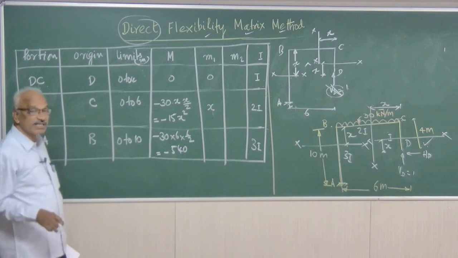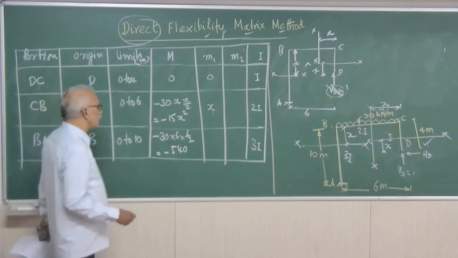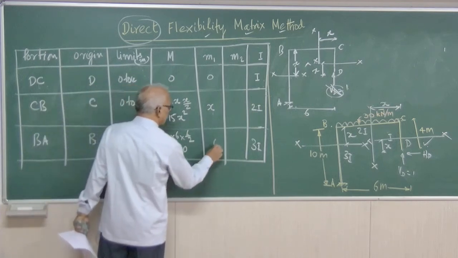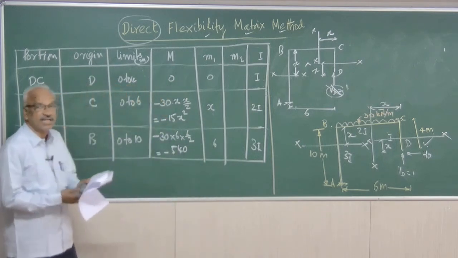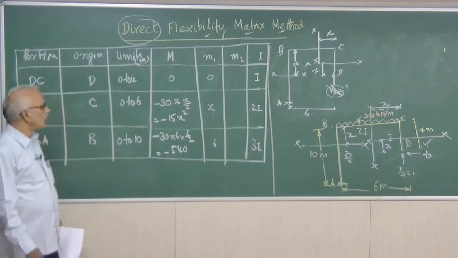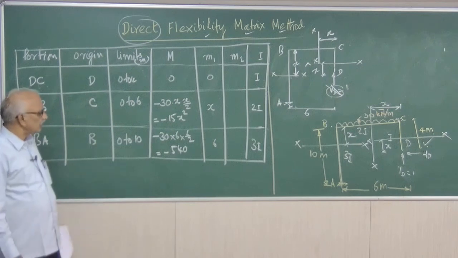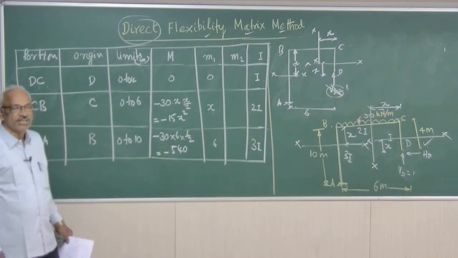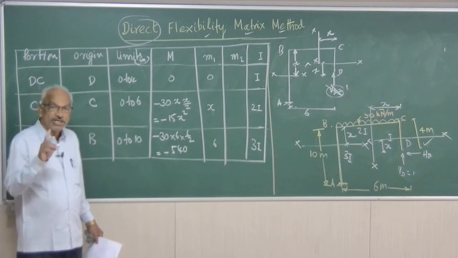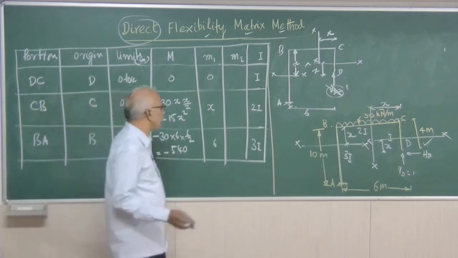It is anti-clockwise, therefore it is plus 6, right. Anti-clockwise is positive. That is the value of Mx at different sections due to the application of unit value of redundant 1. That is over, right.